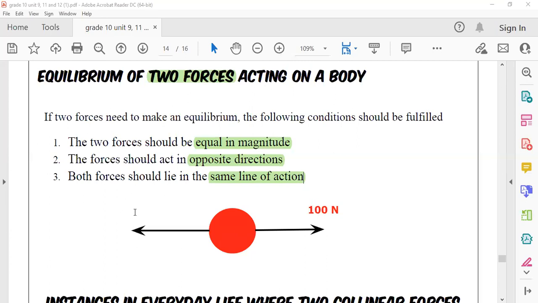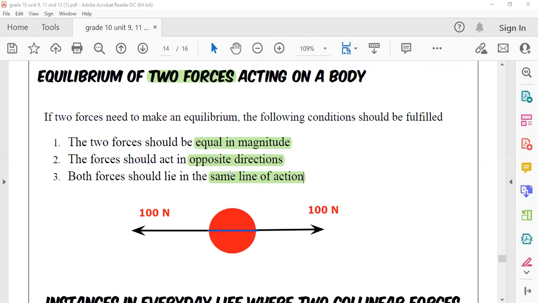This is also 100 Newton. Now see, if you draw a connecting line between these two, it will be a single line. Understood? That is why I say same line of action.